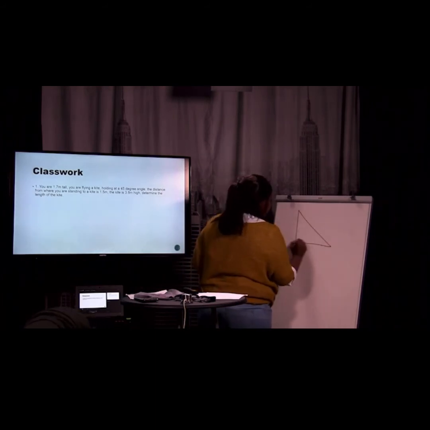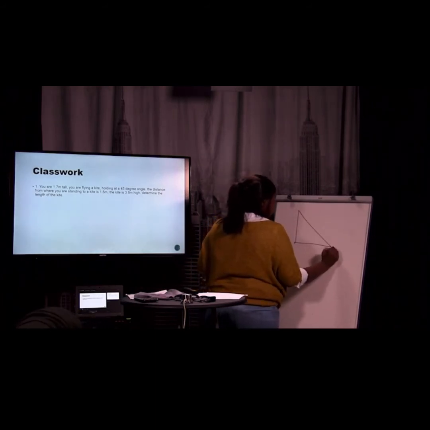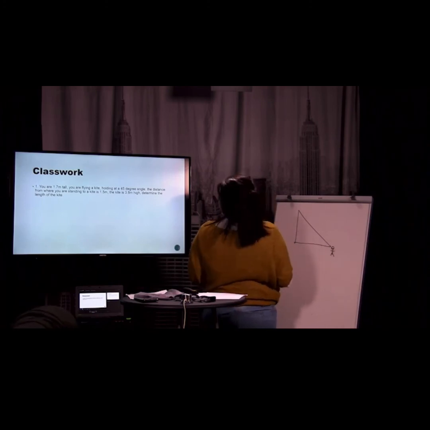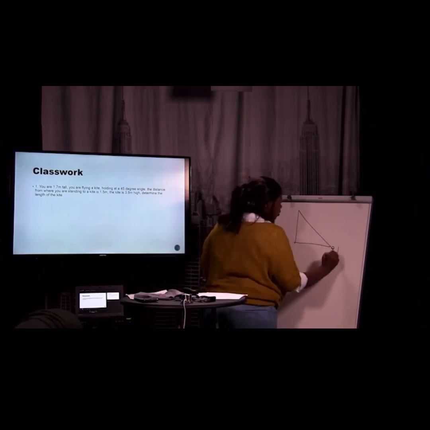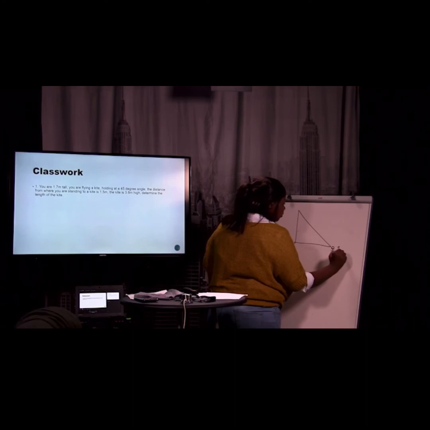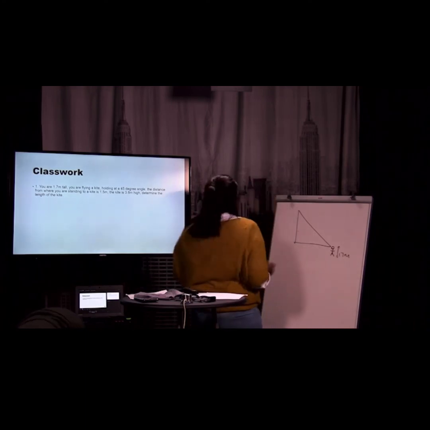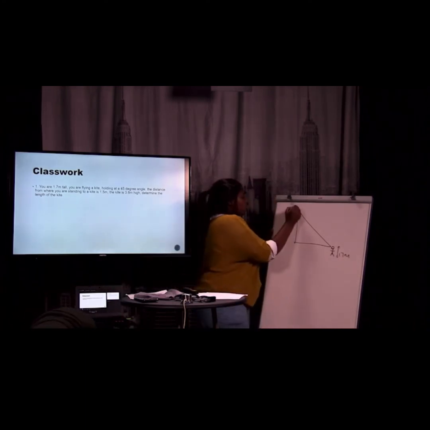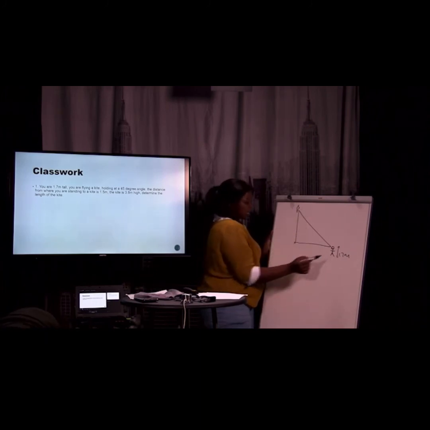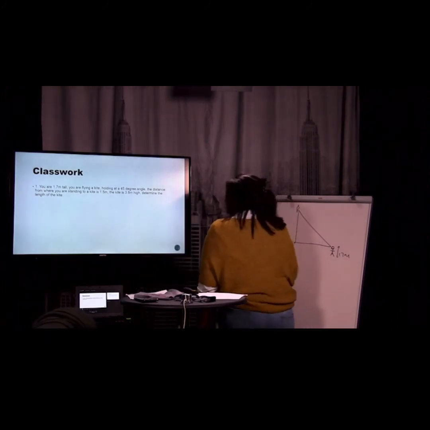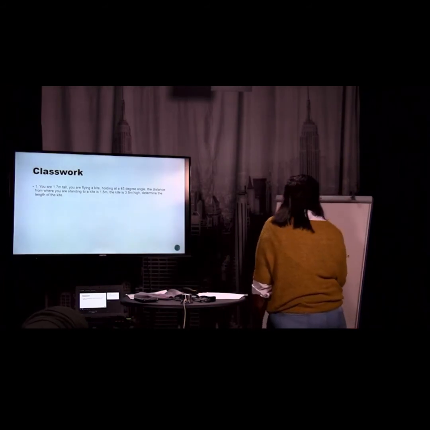Using our triangle, this is where you are standing, right? Then they say that you are 1.7 meters tall. Now this is where the kite is flying from. It's flying from which angle? 45 degrees.